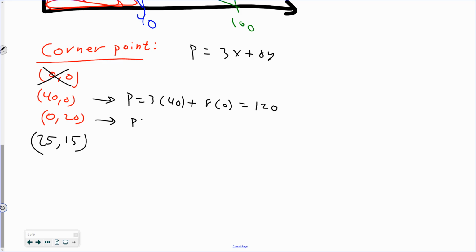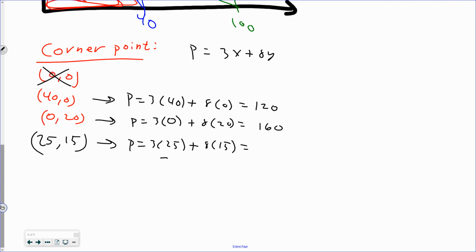For 0, 20, you have 3 times 0 plus 8 times 20, which is 160. The last one, P is 3 times 25 plus 8 times 15, which is what, 75 plus 120, right? So 195.